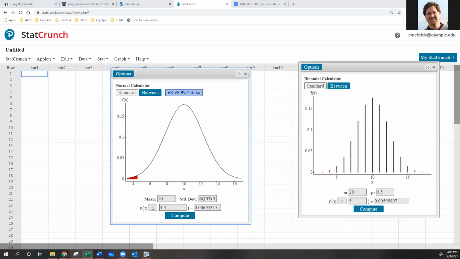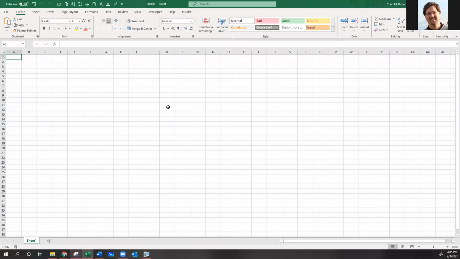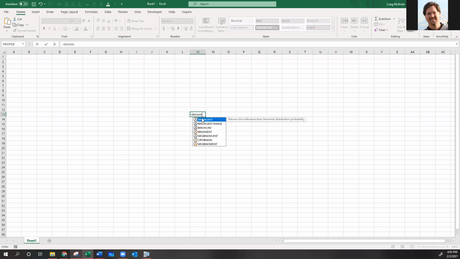In Excel, my poor computer is like, you've got too many things open. All right, so equals the BINOM.DIST, right? And so the number S is, we want the cumulative function.